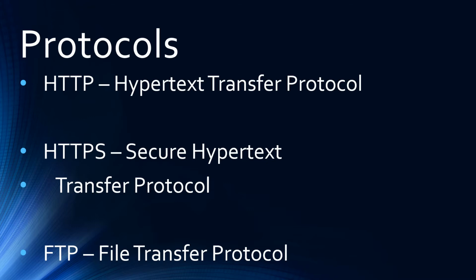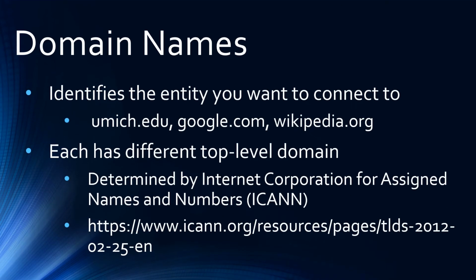If you don't see it, don't connect. The third one is called the File Transfer Protocol. It's a little bit different. When you see HTTP, it's expecting that you're going to give back and forth HTML5 code. With FTP, it could be any type of file. So we have the protocol.